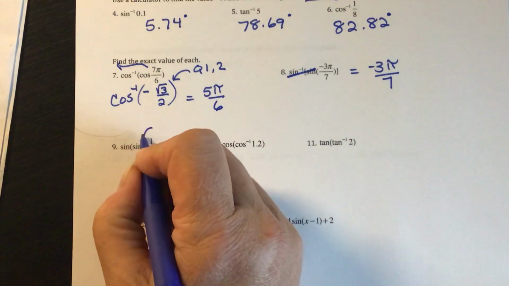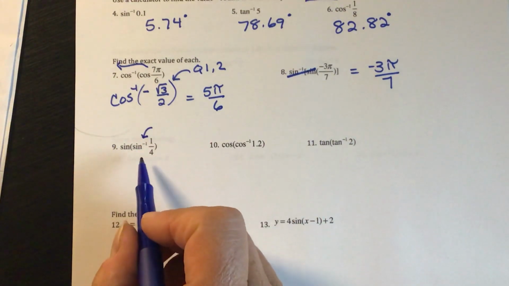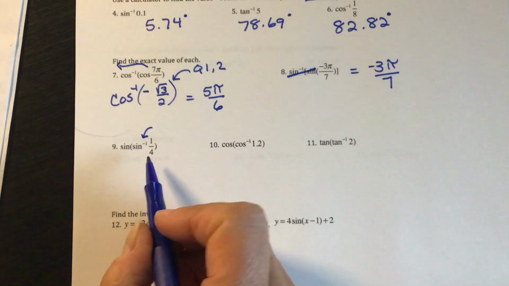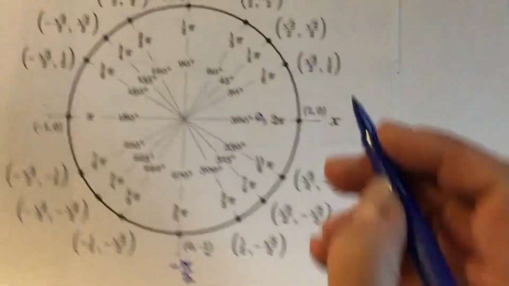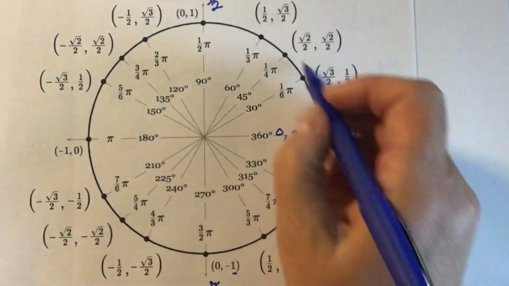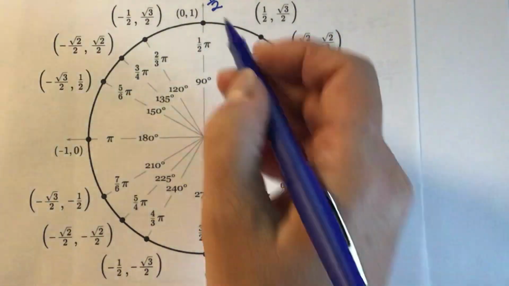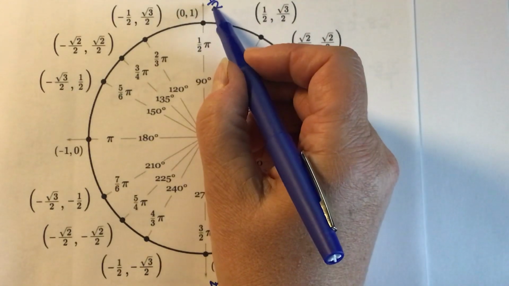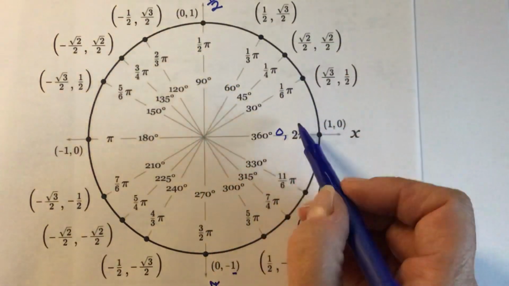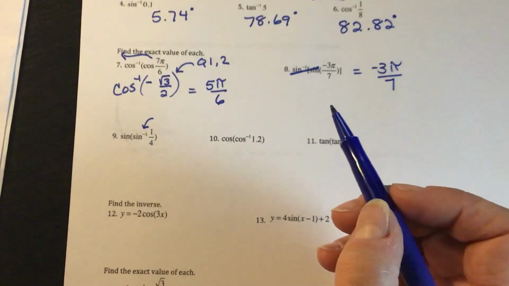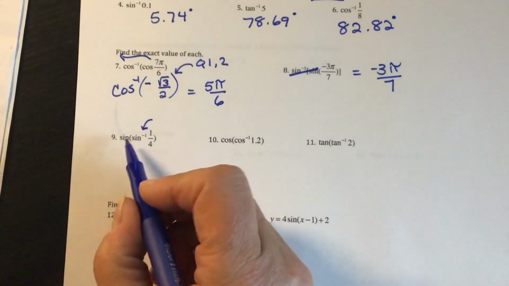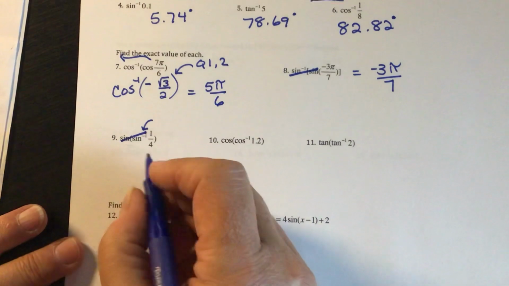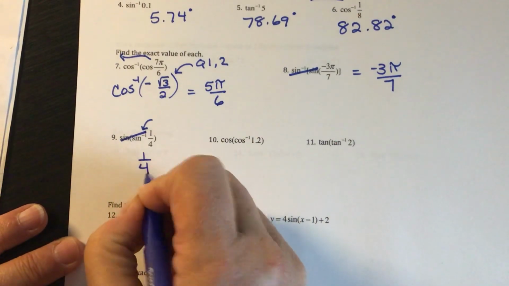So this is saying what angle has a sine of 1/4. We know pi over 4, but not 1/4. So 1/4 is going to be somewhere between 0 and pi over 2. And that's in our domain. So the sine of the inverse sine, these are going to cancel, and I'm going to have 1/4.